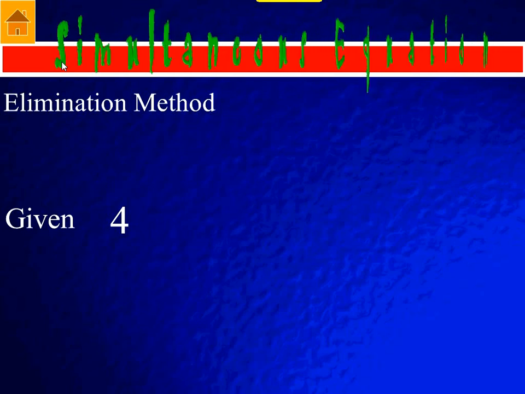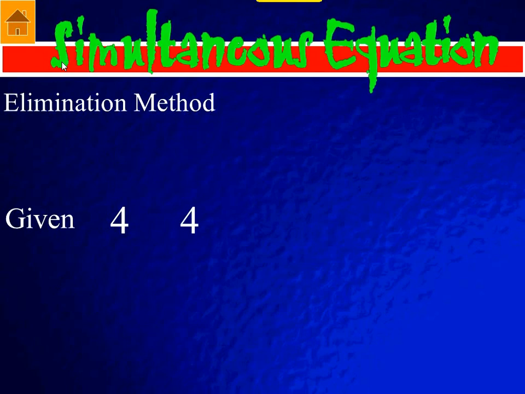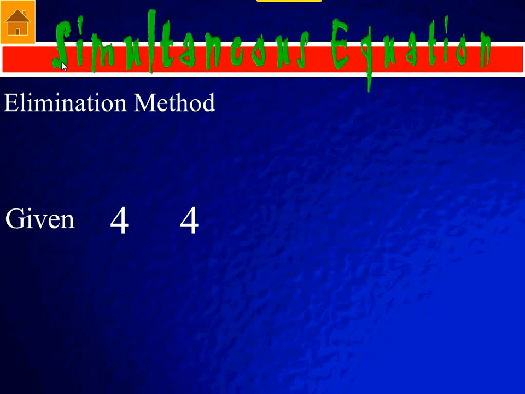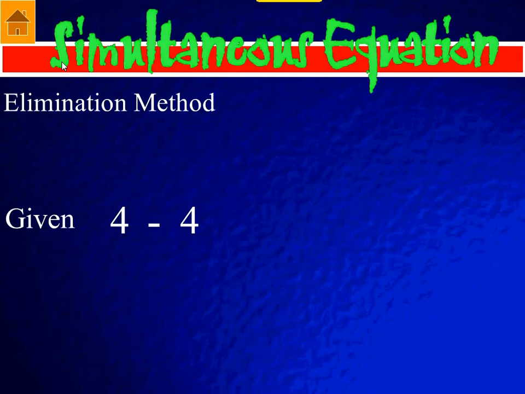First and foremost, we'd want a number the same size as 4, and that number would definitely be 4. So these numbers are of the same magnitude, and the signs are the same as well: a positive 4 and a positive 4. In that case, what do we do to eliminate that 4? We subtract 4 from 4 to ensure that we have 0.